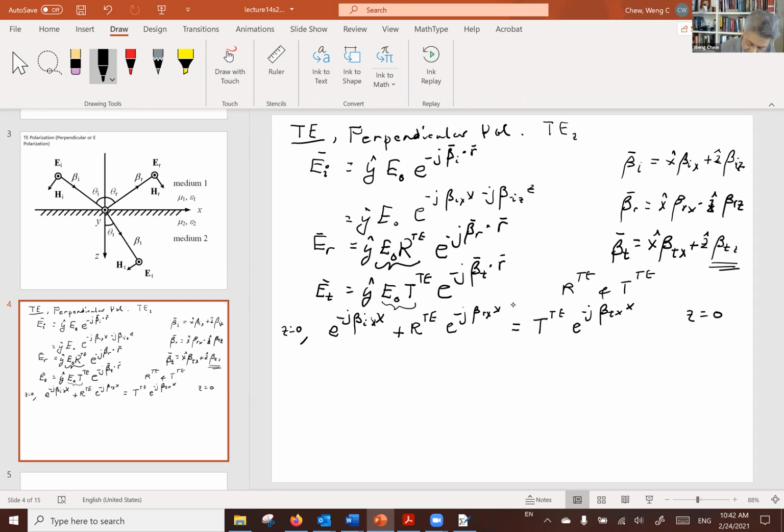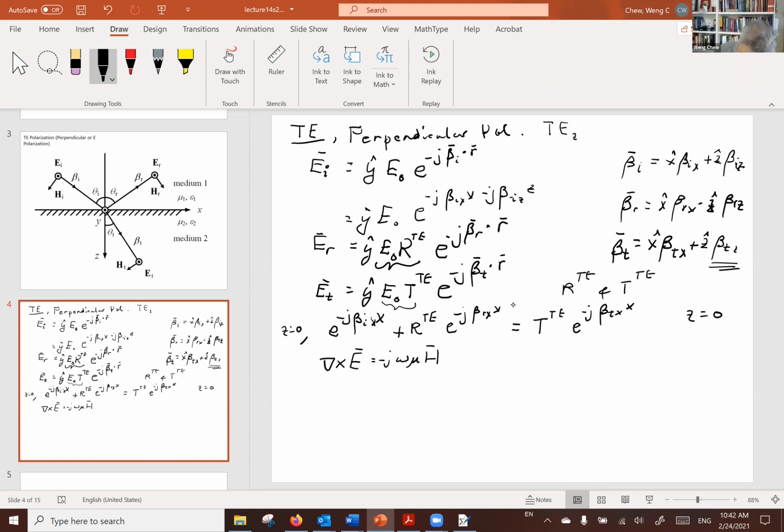In order to do that, we have to go to Maxwell's equations and use Faraday's law. Curl of E is equal to minus j omega mu H. I better not forget my minus sign, because we often have to hop between the optics community and the engineering community.